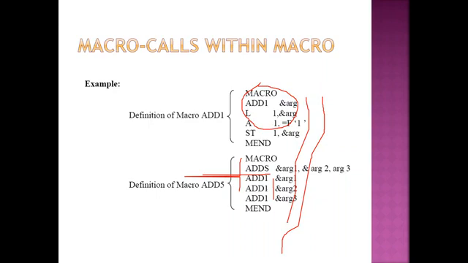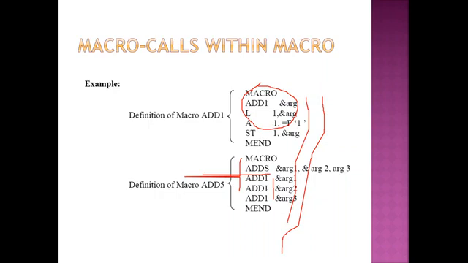What is more important here is to take a closer look at the second macro definition. It also starts with the macro keyword and ends with the mend keyword. The name of the macro here is ADDS, and it has 3 arguments. Till there, no doubt. Instead of having 3 instructions, it has ADD1, which we just saw was another macro. So there are 3 macro calls here.